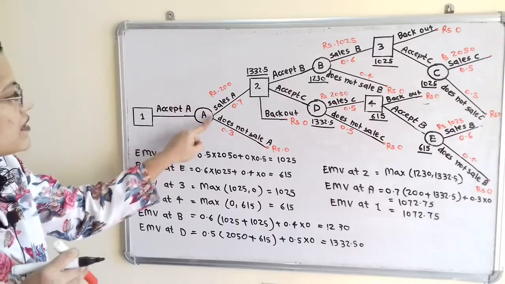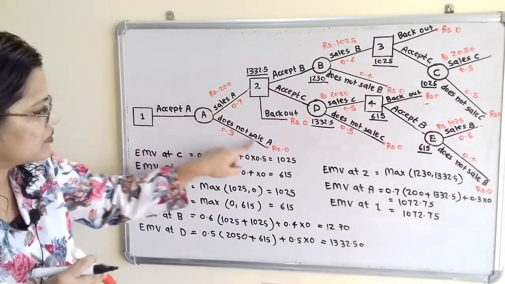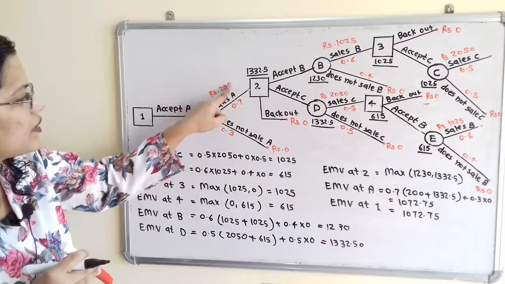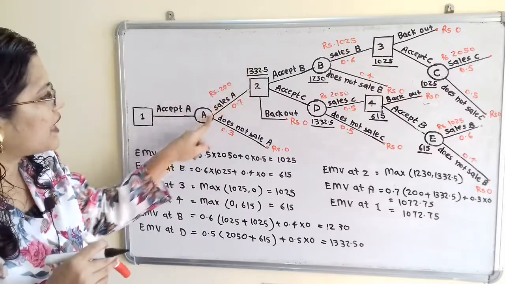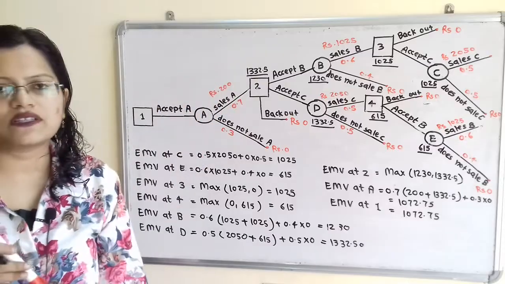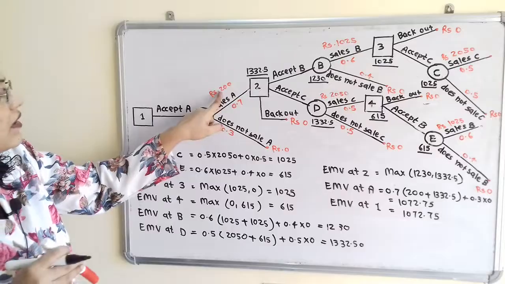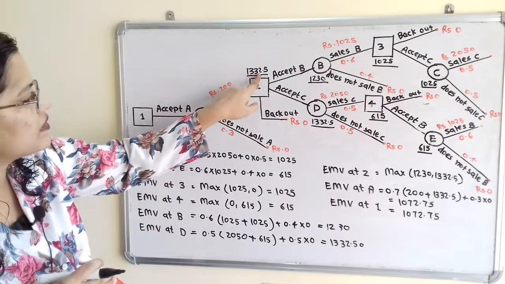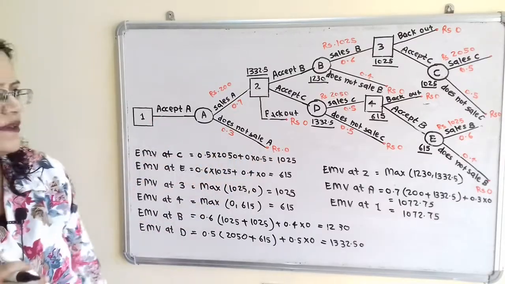Now what is the expected monetary value at A? So here are two branches. At this branch, rupees 200 profit is there with probability, and this branch is connected to node 2 and at node 2 the value is 1332.5. So we have to calculate 0.7 in the bracket, 200 plus 1332.5 plus 0 into 0.3.